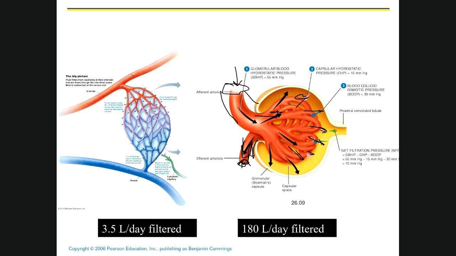And so more is going to get pushed across. And then, by the same token, if I close this one off, less fluid is going to come in. There's less pressure, and so less is going to be pushed across. Or if I open this up, it's easier for fluid to get out, and so less is pushed across.